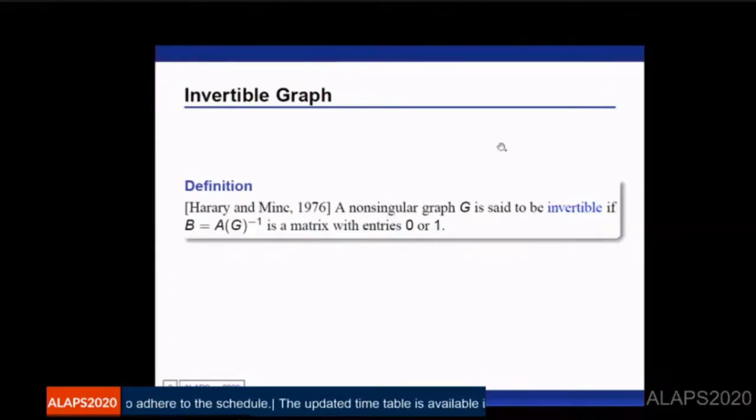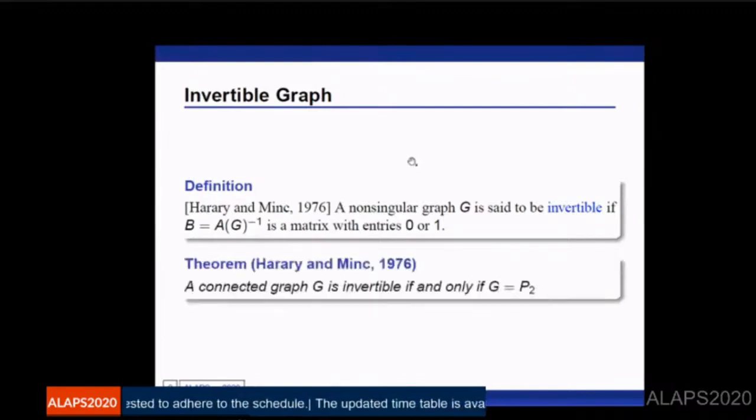And because of that, Harary and Minc defined an invertible graph. They call a non-singular graph invertible if the inverse of the adjacency matrix is again a 0-1 matrix, because the adjacency matrix is a 0-1 matrix. So if the inverse is also a 0-1 matrix, then they call those graphs invertible graphs.